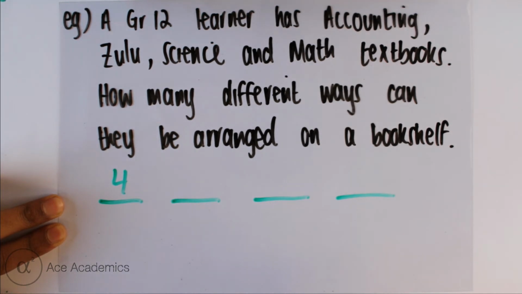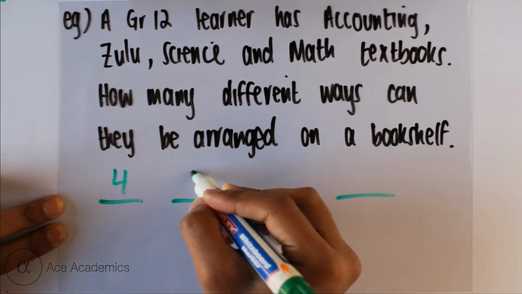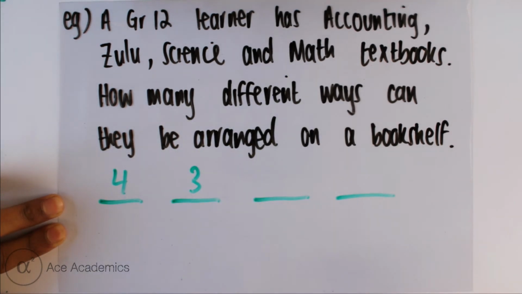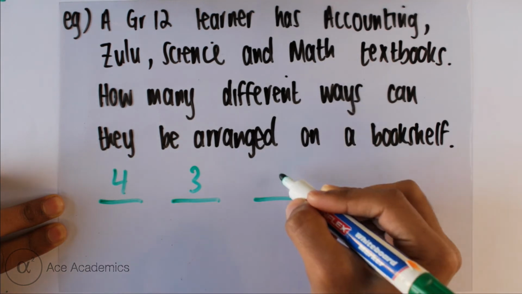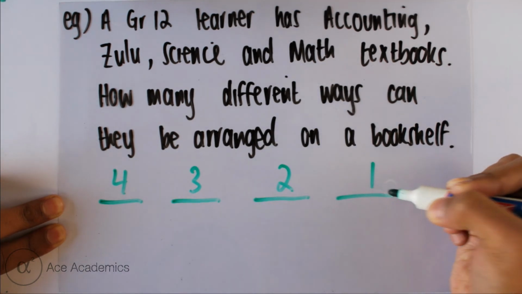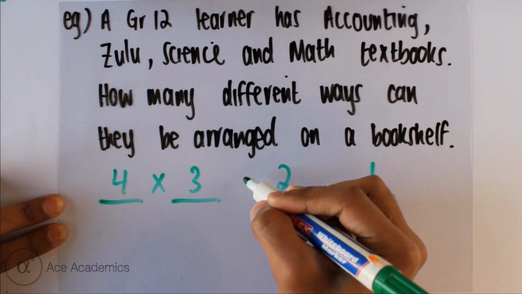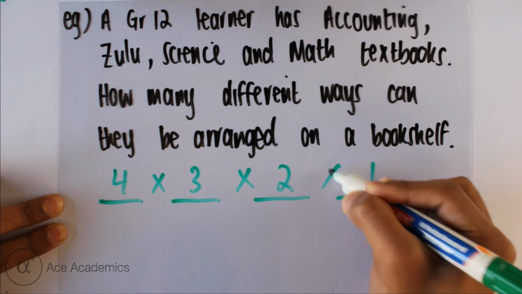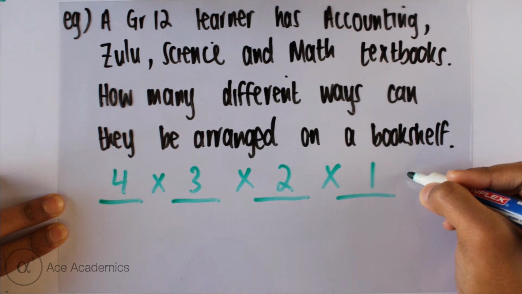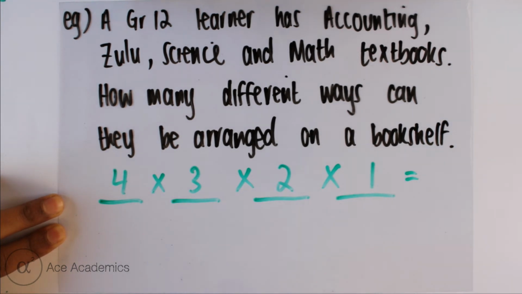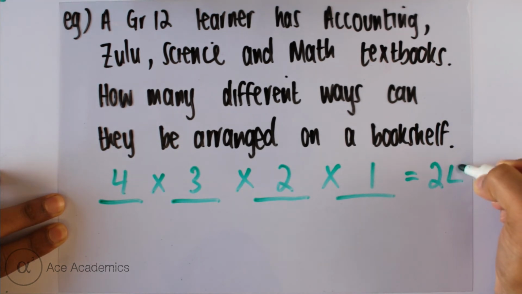Once we put the first textbook down, there's only 3 textbooks remaining. So in the second space, we can only put a total of 3 textbooks. And likewise, in the third and in the fourth space. So our answer is simply 4 multiplied by 3 multiplied by 2 multiplied by 1, which is simply equal to 24.